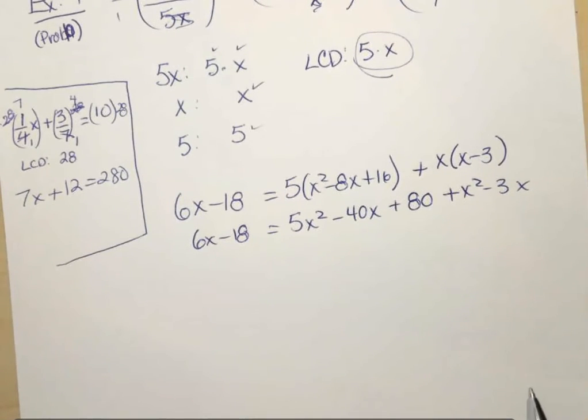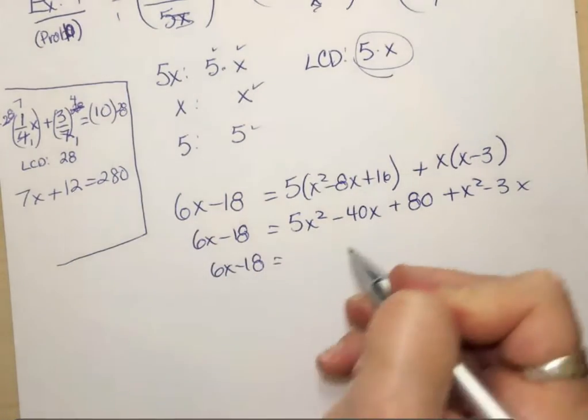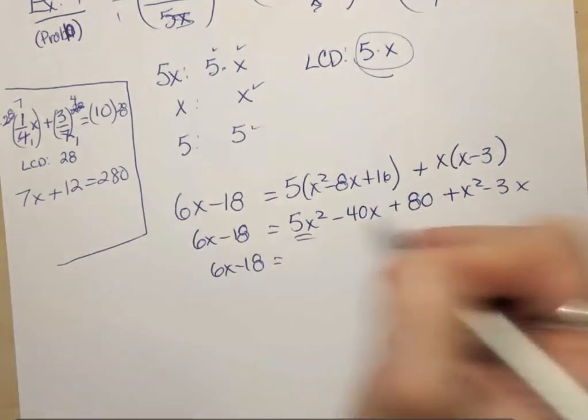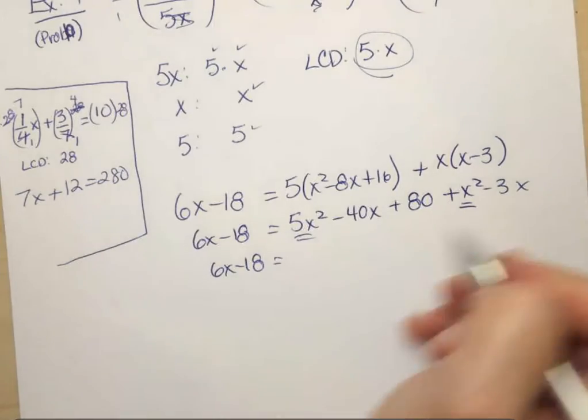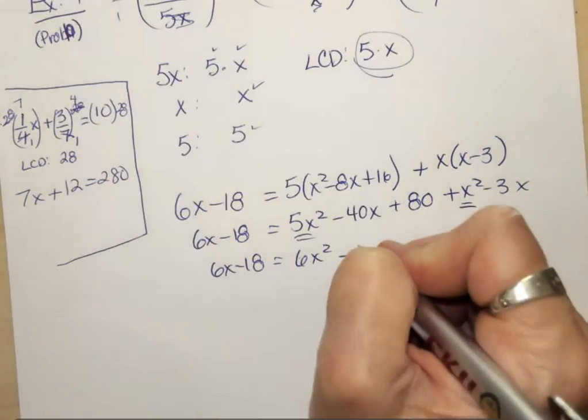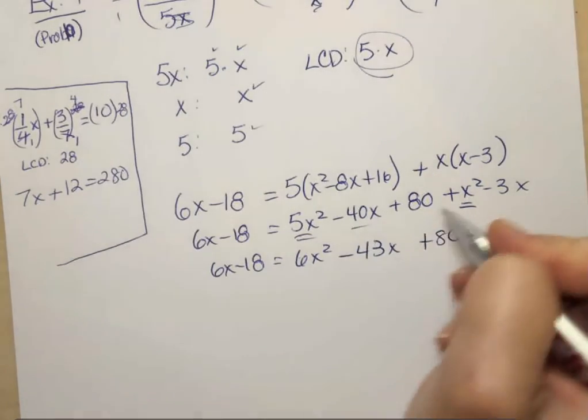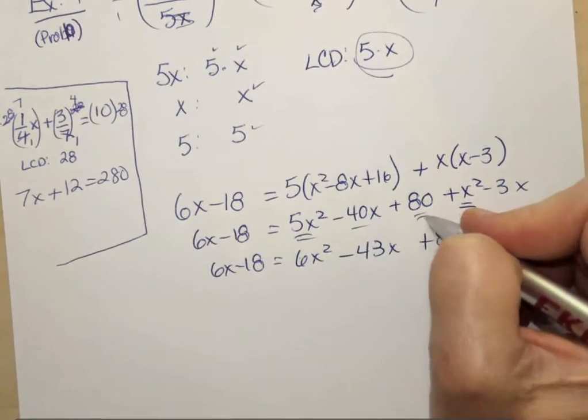So let's simplify this a little bit, clean it up. 5x squared and x squared is 6x squared. I've got a negative 43x plus my 80. So that takes care of those.